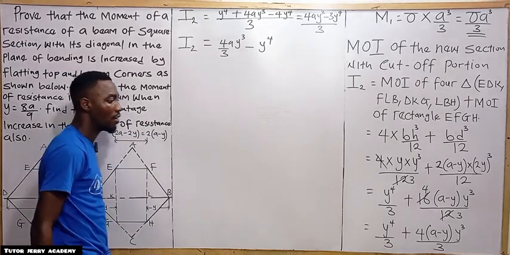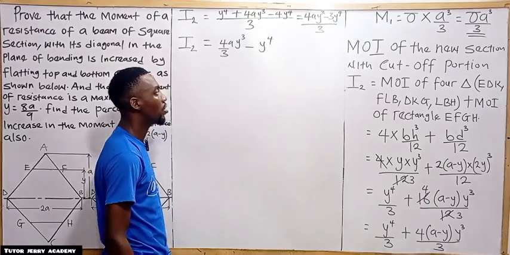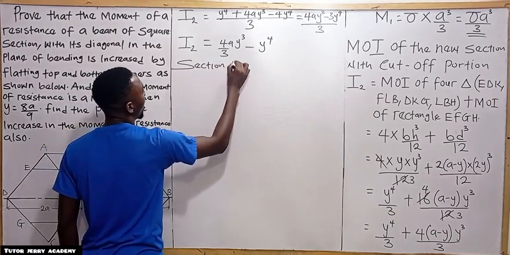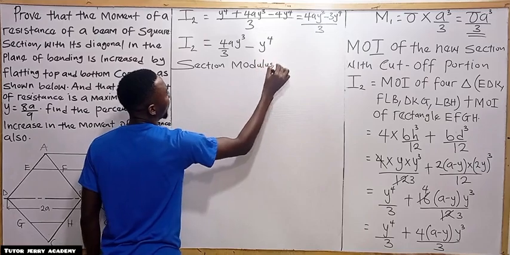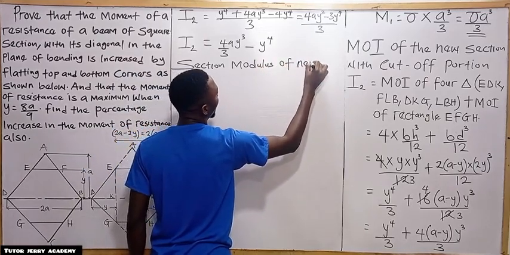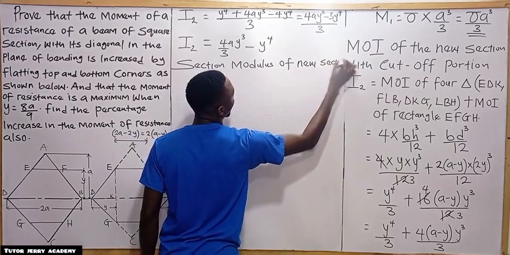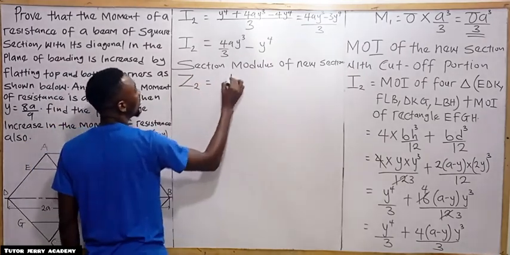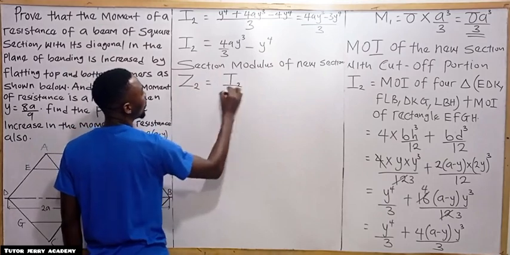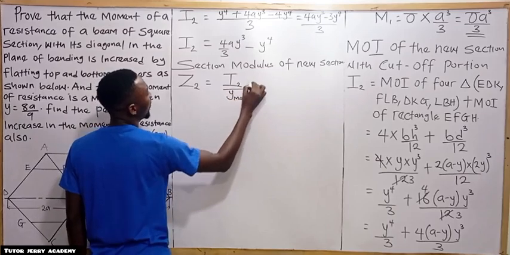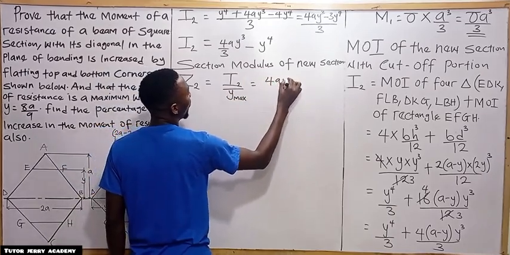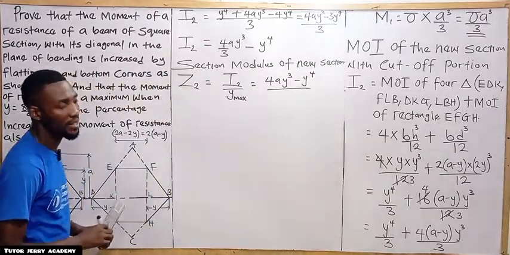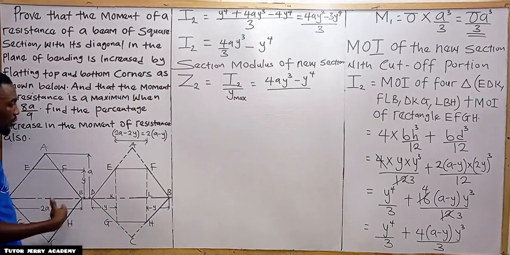All right. So the next thing we are going to do is calculate the section modulus of the new section. So this is going to be Z2. We know that our section modulus is the moment of inertia of the new section, which is I2, over y max. So which is 4a y to the power 3 over 3 minus y to the power of 4, divided by our y max, which is the depth of the rectangle divided by 2.